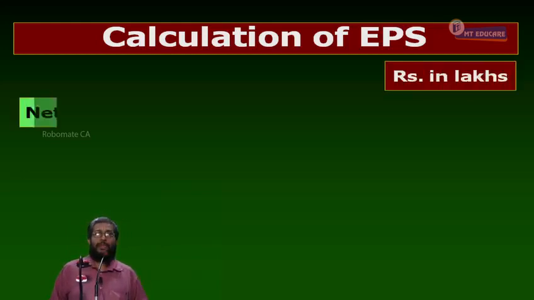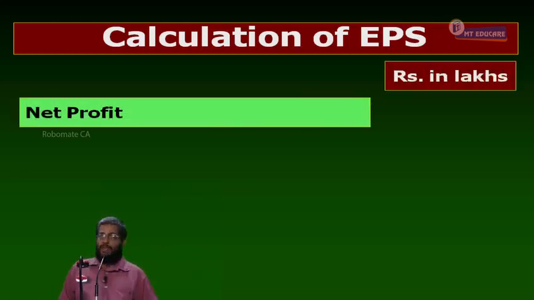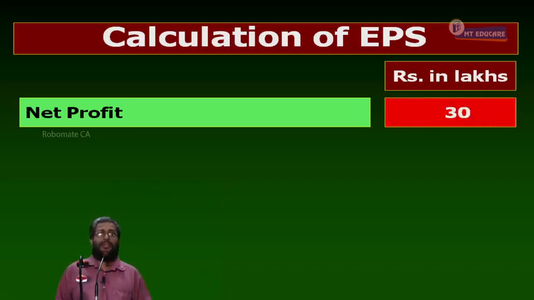Net profit, you can even give the name PAT. Profit after tax is called as net income or net profit. Look at the question. How much net profit? 30 lakhs.